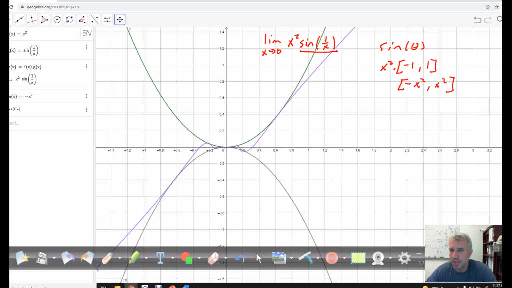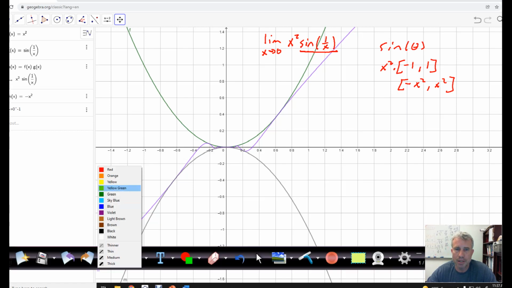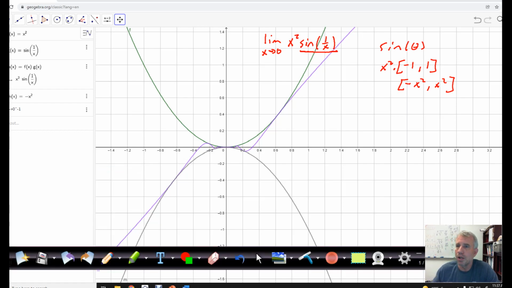So here's the basic idea. Let's go back to the pen tool. We know that -1 is always less than or equal to the sine of x, which is always less than or equal to 1. The sine of x is always between -1 and 1. So this gives us a 3-part inequality, and what we want to do then is multiply each of the 3 parts by the same thing.